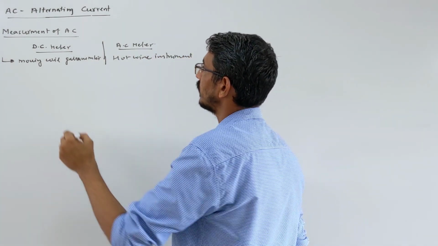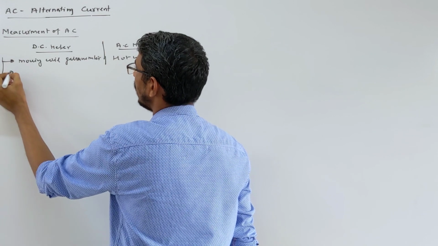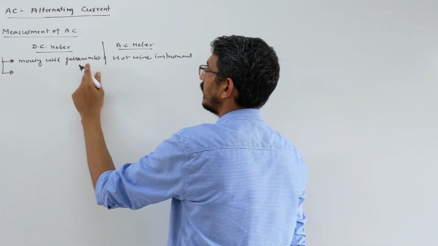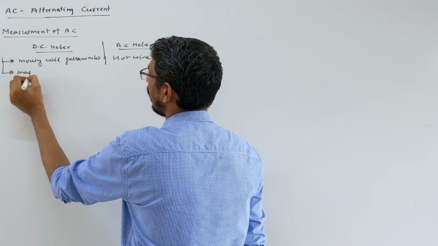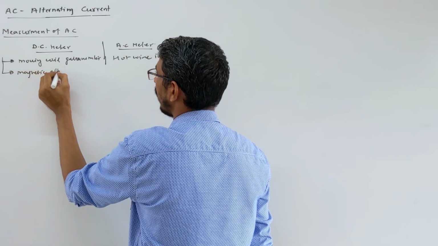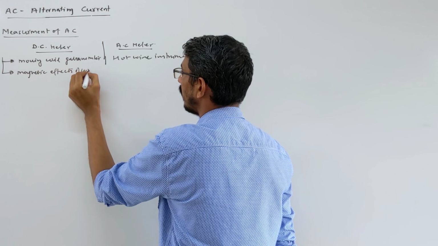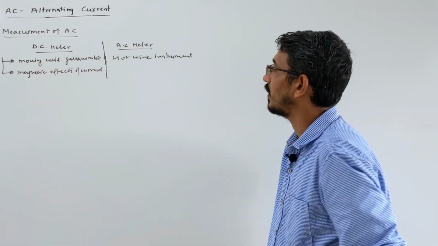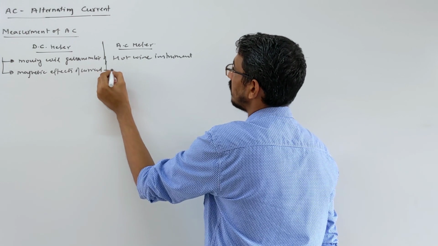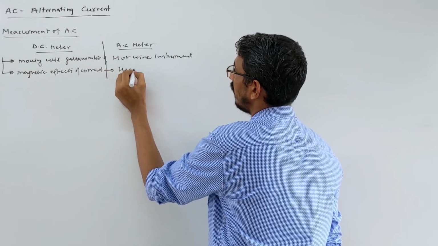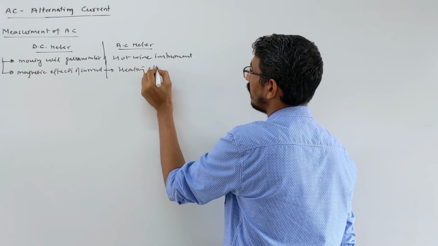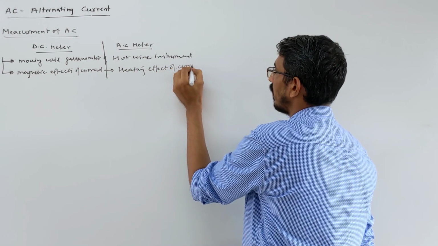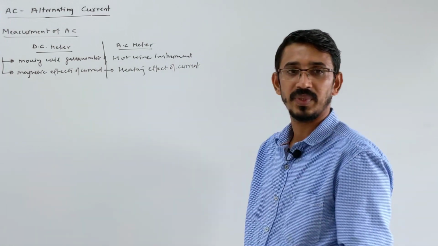The DC meter works on the magnetic effects of current. But this type of meter, the AC meter, works on the heating principle, the heating effect of current.